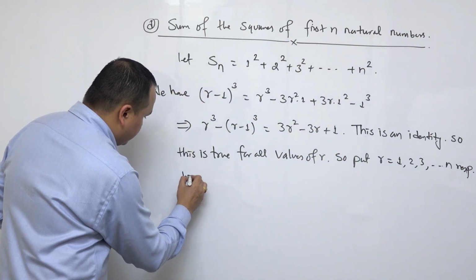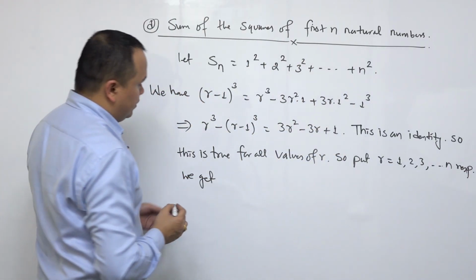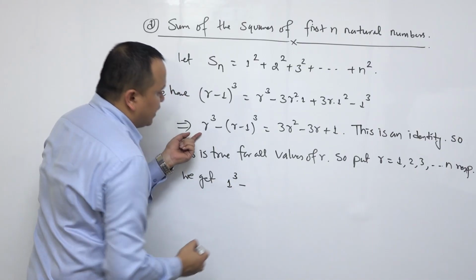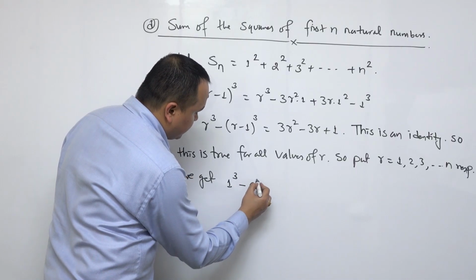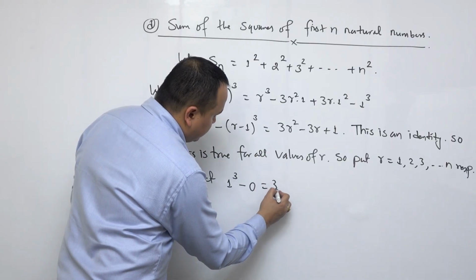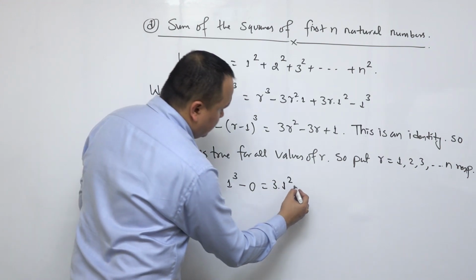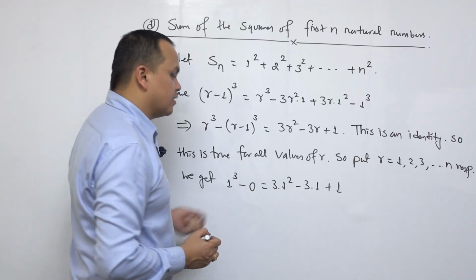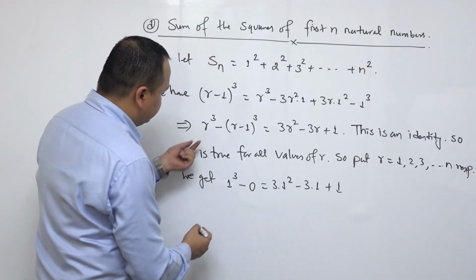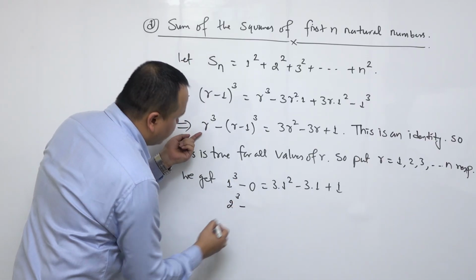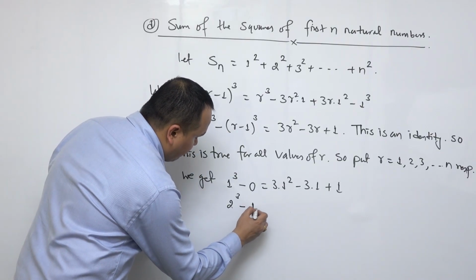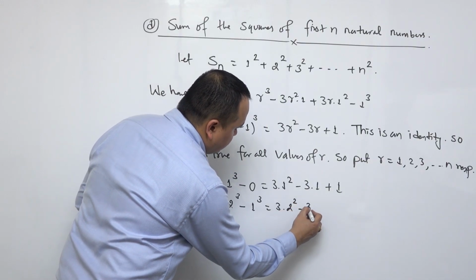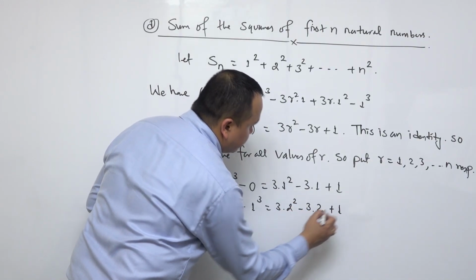We get 1 cube minus 0 cube is equal to 3 into 1 square minus 3 into 1 plus 1. Just r ko thaun ma 1 rakheko. So similarly put 2: 2 cube minus 1 cube is equal to 3 into 2 square minus 3 into 2 plus 1.